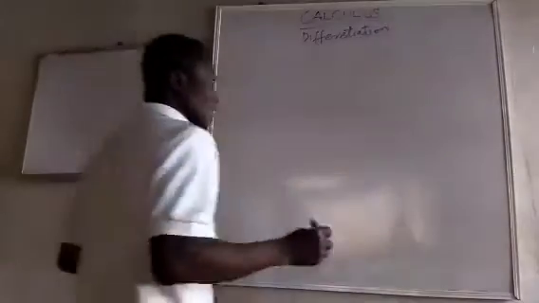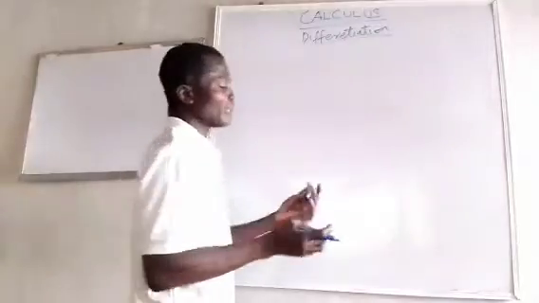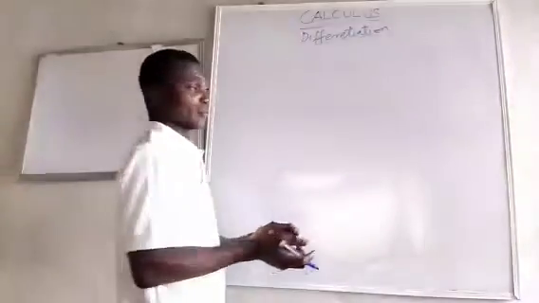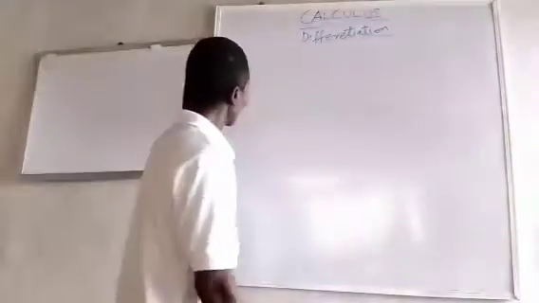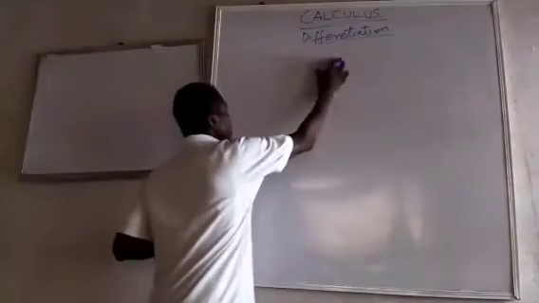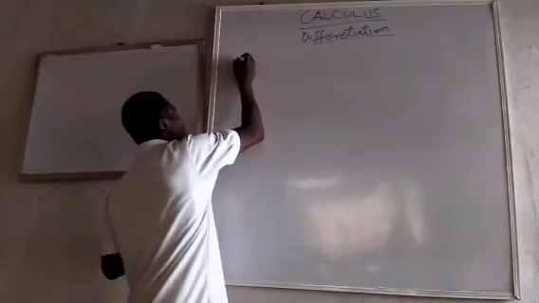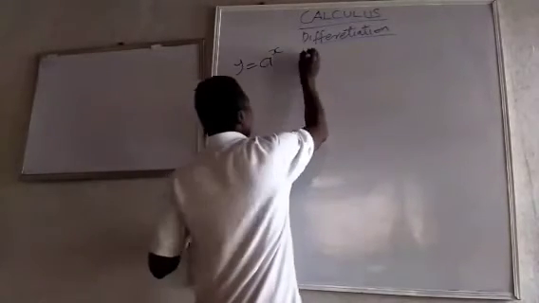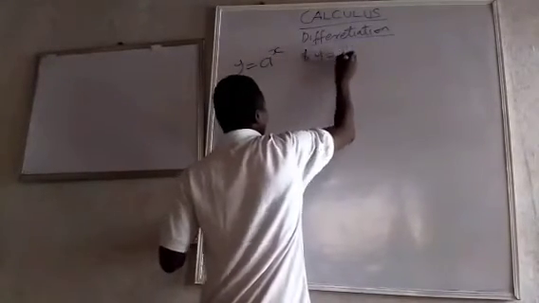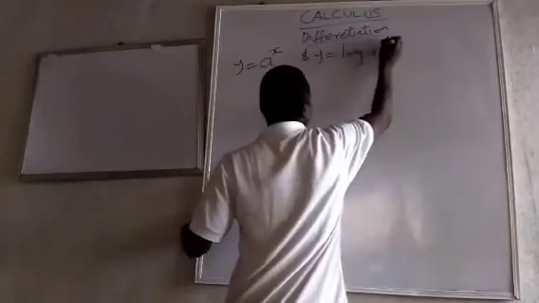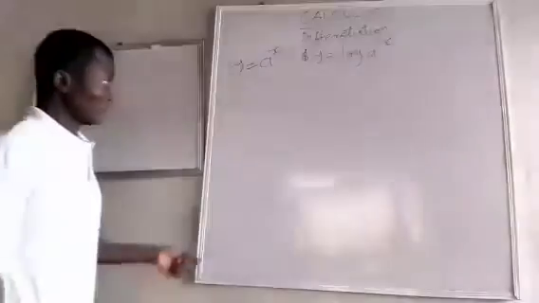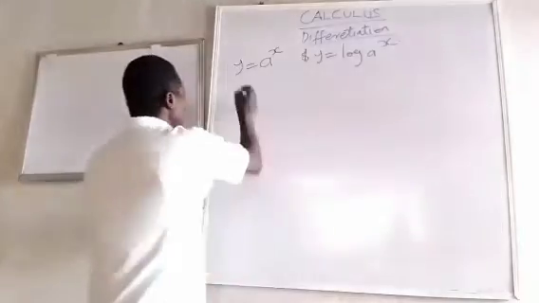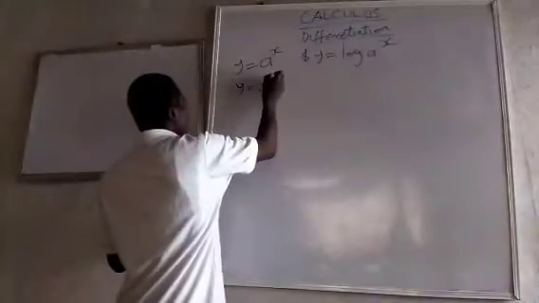Now, with this, that we have understood implicit functions, and we have been able to get the differential of logarithm and e raised to power x, let's quickly look at solving y equals a raised to power x and y equals log a x. Now, let's start with this. y equals a raised to power x.